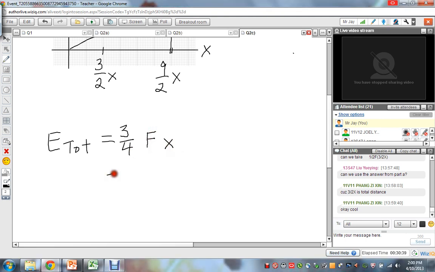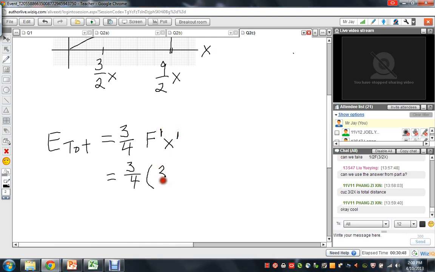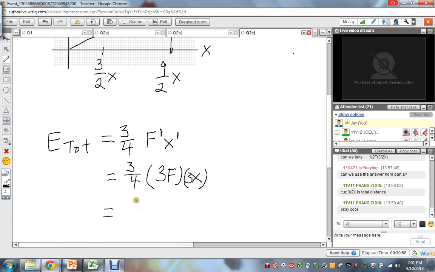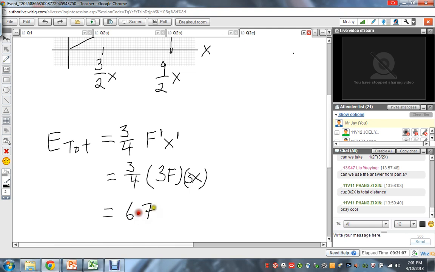If I replace F by 3F, and I replace the extension by x prime, which is 3x as well, I will get 27 over 4 Fx, which is 6.75 Fx. That is the final state that it is in.